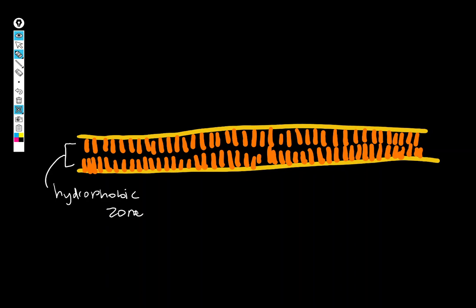The reason I'm labeling it is because the hydrophobic zone and a compound's inability to cross it is what helps keep this membrane having two sides, one side that is out and one side that is in. So if I have the same number of things on each side of the membrane, so let's just say, for the sake of argument, I'm going to just do blue pluses, doesn't matter what they are.